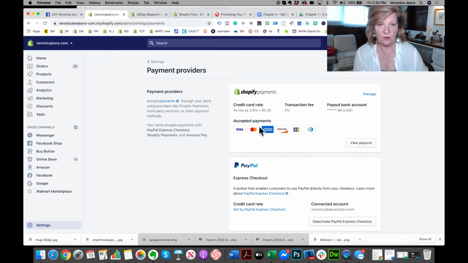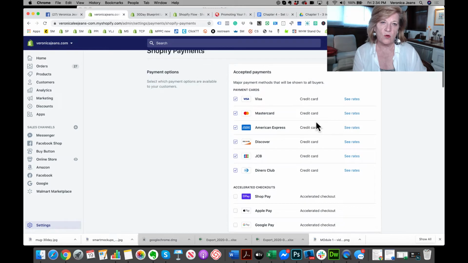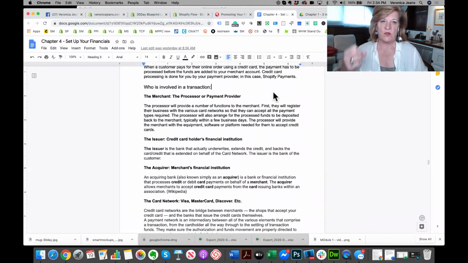I had a payout, okay, here we go. What we're talking about is that Shopify Payments has made an agreement with all these cards so they can process the cards.